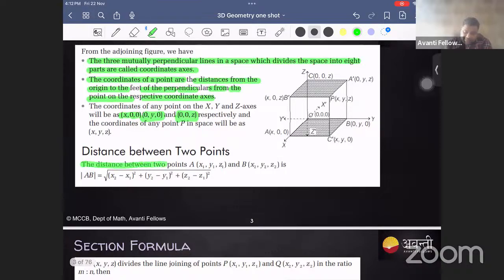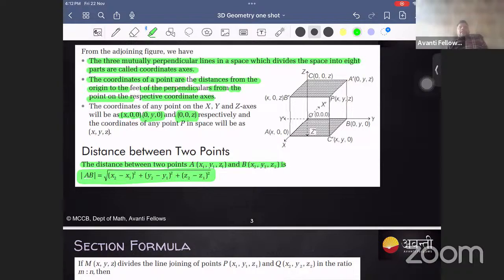The distance between 2 points A (x1, y1, z1) and B (x2, y2, z2) is AB, that is under root of (x1 minus x2) whole square plus (y1 minus y2) whole square plus (z1 minus z2) whole square. The (x1 minus x2) whole square plus (y1 minus y2) whole square was already there in your 2D geometry.